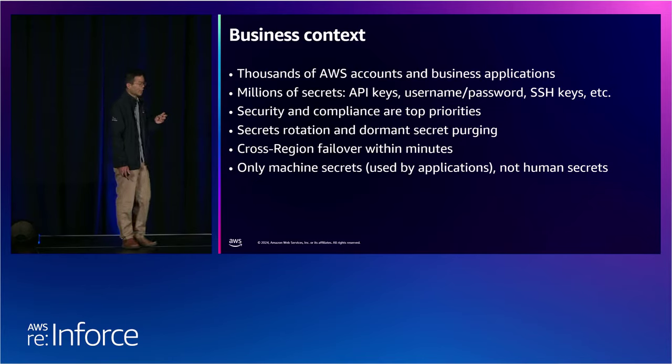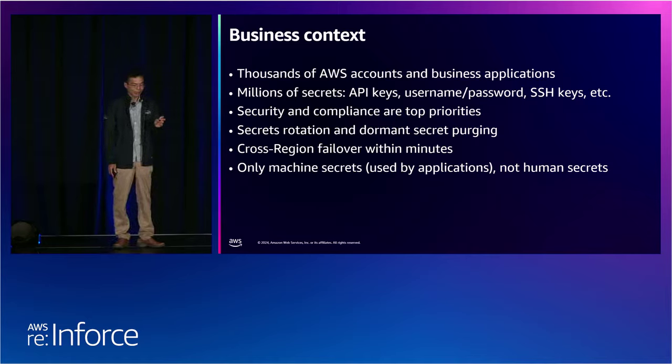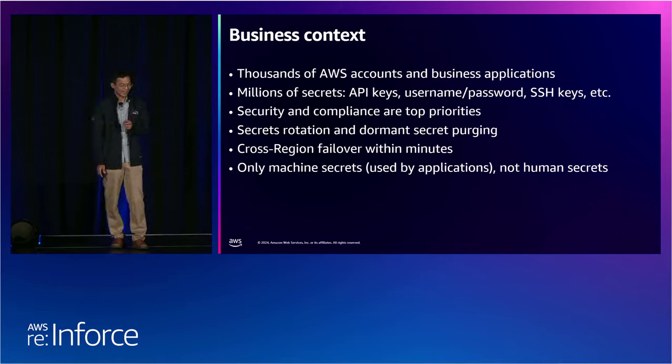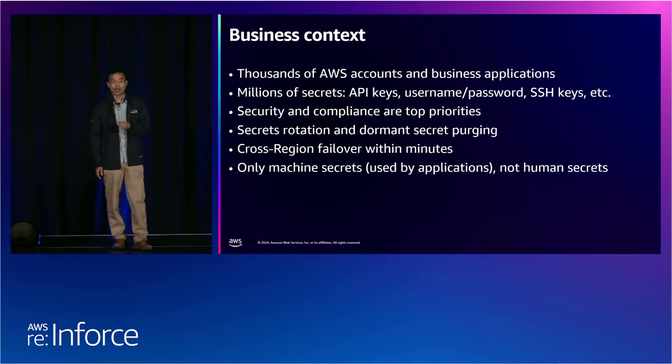And another context is Capital One treats security and compliance very seriously. Just like our CEO says, risk management is our number one priority. It's our business. So to meet those compliance and security requirements, we keep secret rotation all the time.